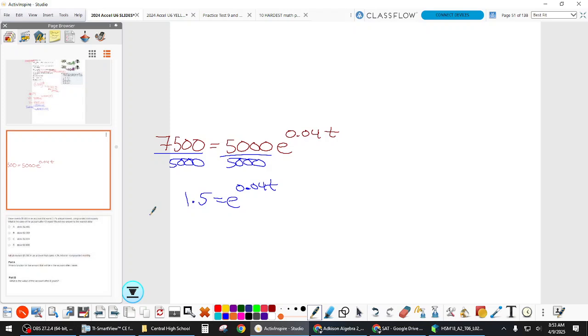Well, it's undoing an exponent, right? So division undoes multiplication. Square rooting undoes squaring. Is that what's going on here? But it's not 0.04 only, it's 0.04 t.